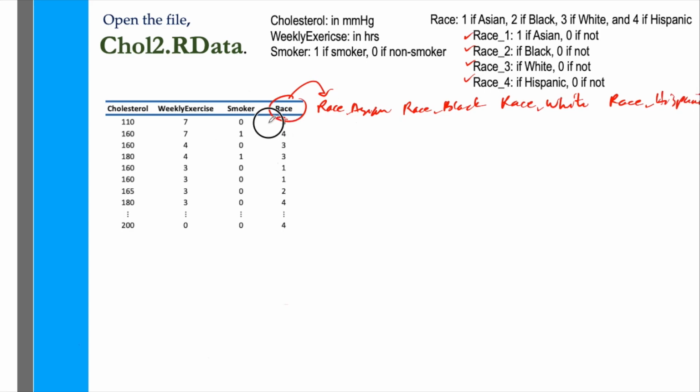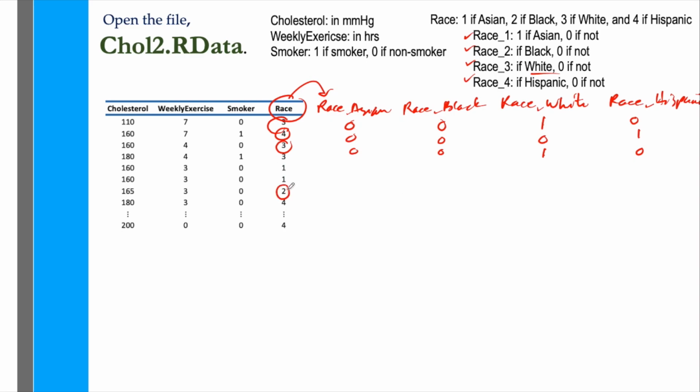Now, if this is 3, indicating that the participant is white, then on the column which is race white, that's 1. The rest are 0. If this is 4, then he is Hispanic, meaning these 3 are 0 and this is 1. Now, how about this?